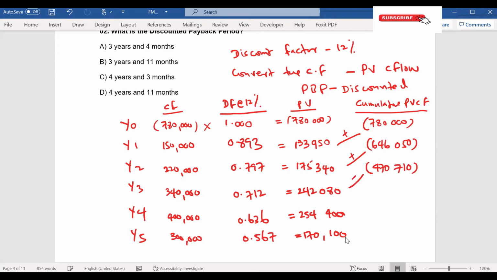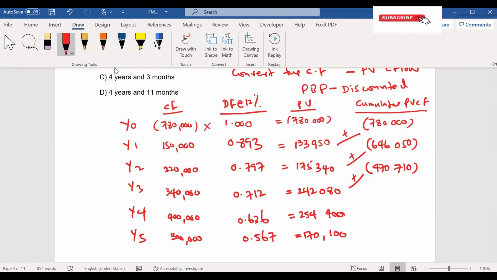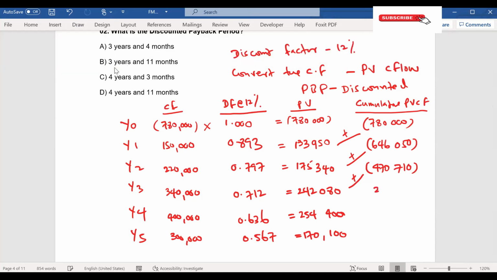Then plus 242,080, so still negative 228,630.